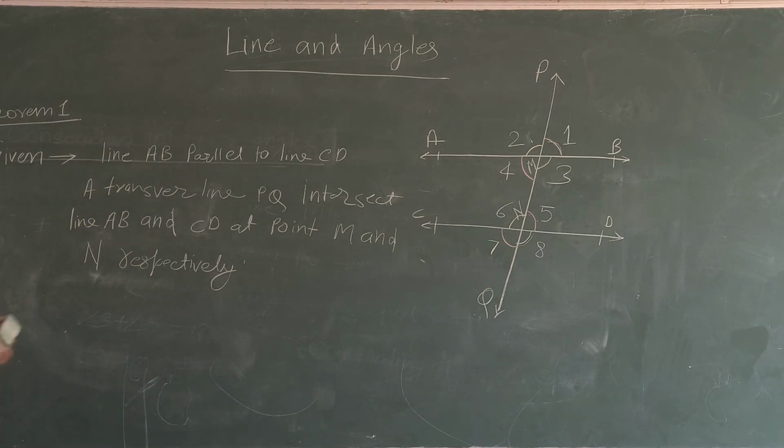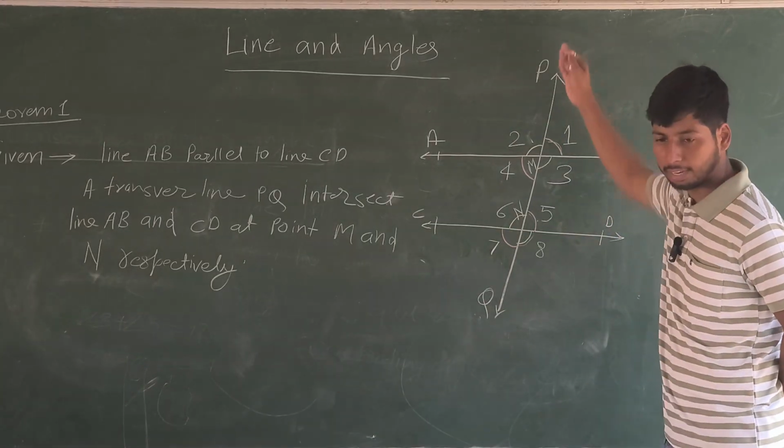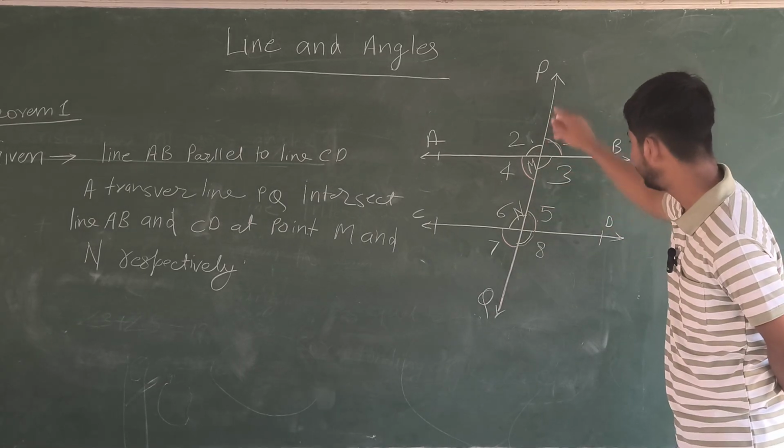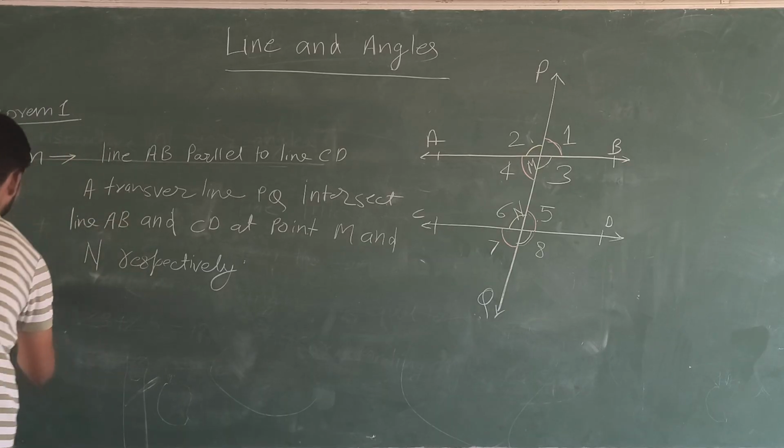This is given. We have already been given that these two lines are parallel and a transverse line PQ intersects at points M and N. And what we have to prove?